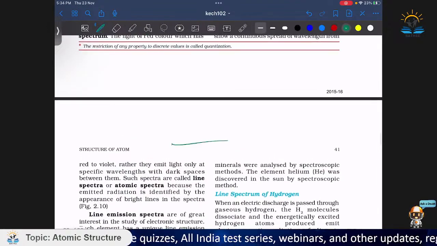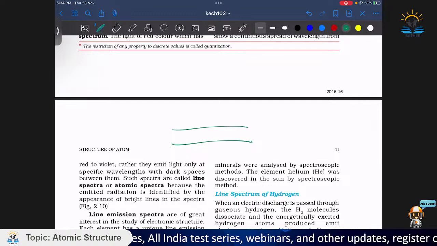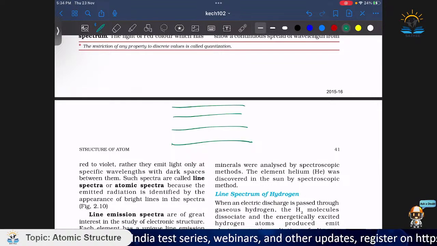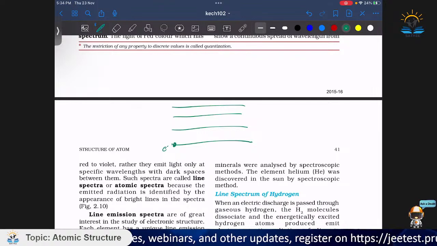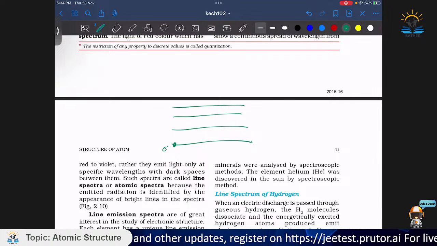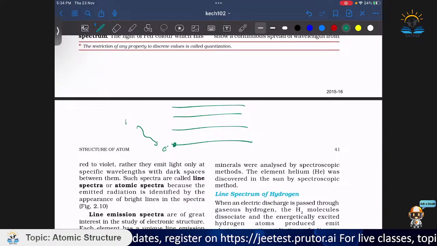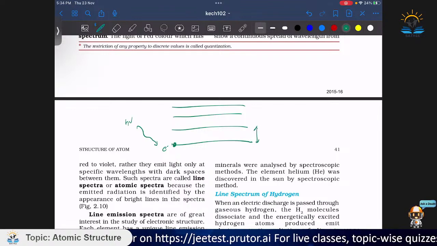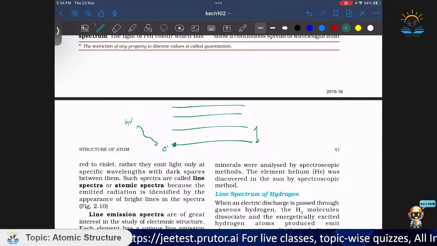There are energy levels in an atom. Suppose these lines are energy levels, and your electron is at the lowest energy level. If you want to excite this electron by giving it a photon of h mu, it should be sufficient to cross this energy barrier, because the electron cannot exist in the middle of these two regions.